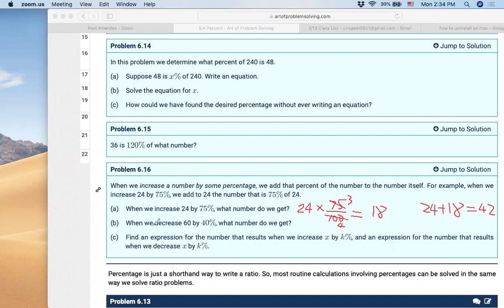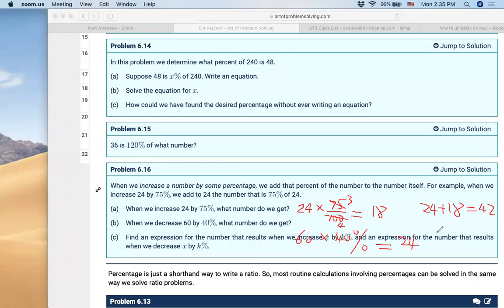Now let's see. When we decrease 60 by 40%, what number do we get? First you need to calculate what is 40% of 60. This equals 24, right?